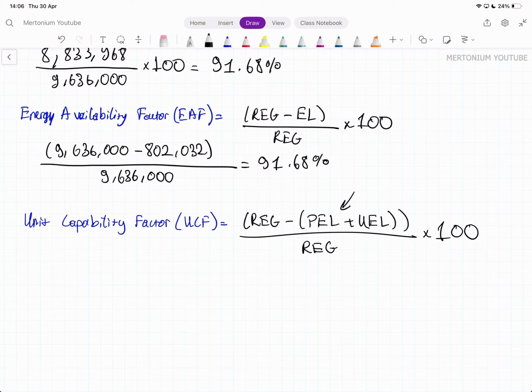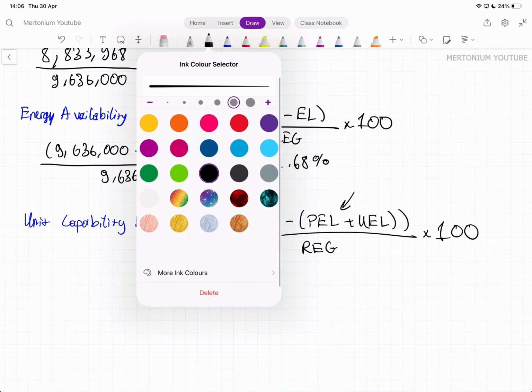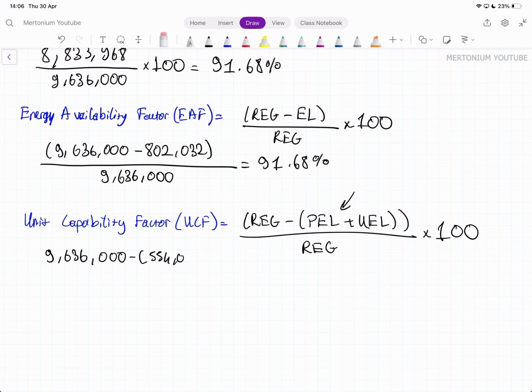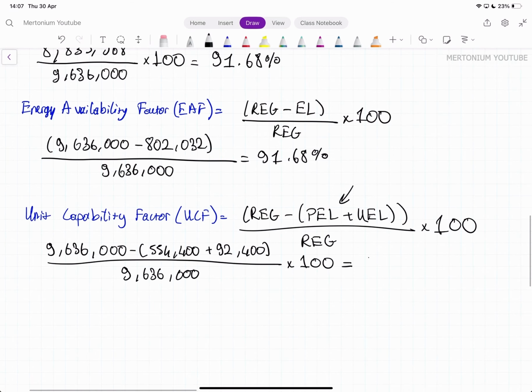If you noticed, we only have the planned and unplanned energy losses for this calculation, and we excluded the total energy loss because it also includes the losses of the external factors like the high temperature and the grid reducing the demand. This is about the unit capability, so our power plant units capability factor. That's why we don't include the external losses here. Let's plug in the numbers. 93.29%.